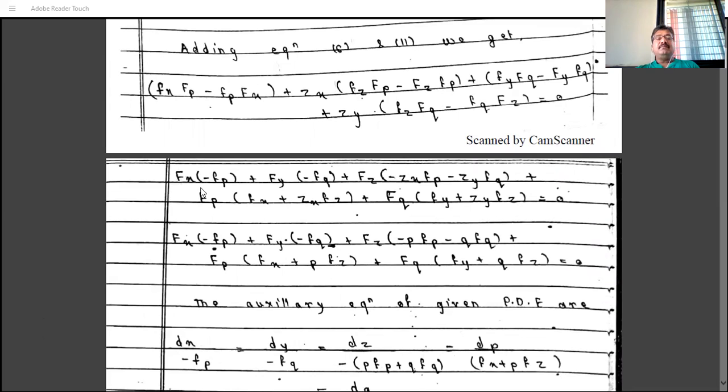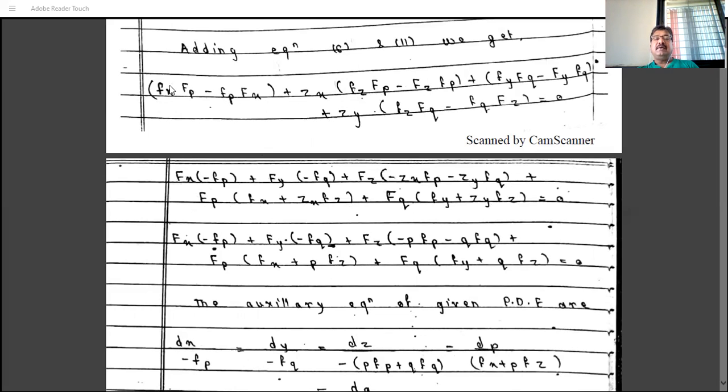Okay. Now we write this as capital F suffix x in bracket minus f of p. Then capital F of y. Where is the capital F of y term? This is the capital F y term minus f of q. Then capital F suffix z, and the term is what? Capital F suffix z is this minus zx fp and minus zy fq, and then capital F suffix p, the terms of capital F suffix p.